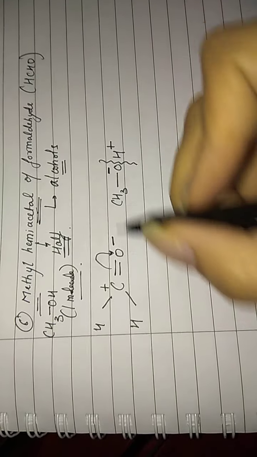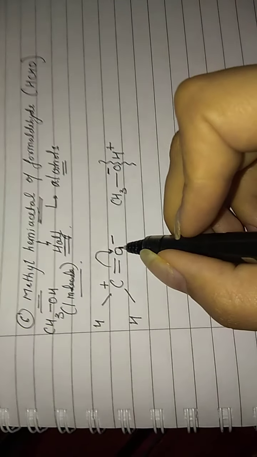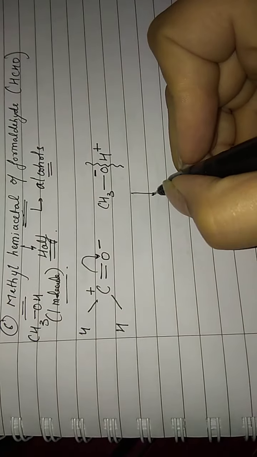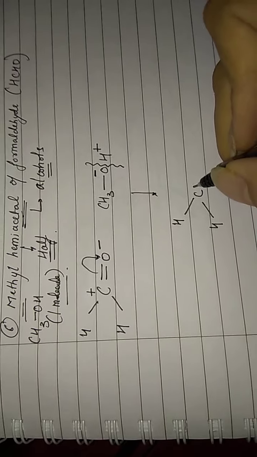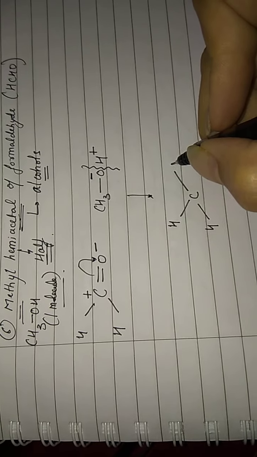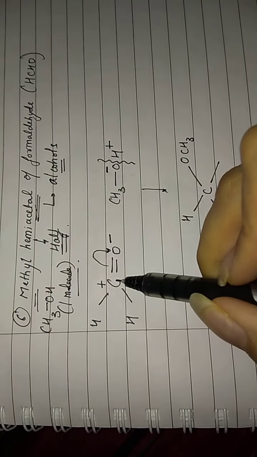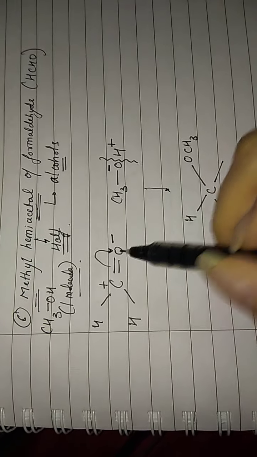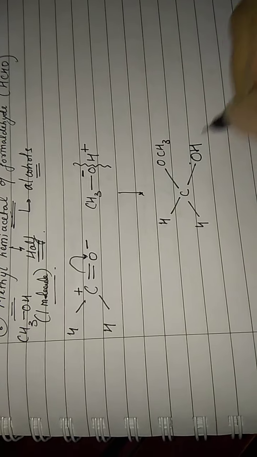That means OCH3 will get attached to the carbon atom and the positive portion will get attached to the negative oxygen atom. So what do you get? As I said, to this carbon atom, because this is positive, I will join the negative part, OCH3, and to this carbon atom only one oxygen was already attached, which now has a negative charge. So to neutralize its negative charge, the positive H plus will get attached over here.